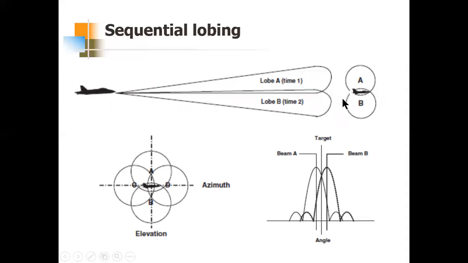You can see this is the rectangular coordinate version. This is the switching axis, and the target is along the switching axis. So both these switching positions of the single beam get the same amplitude. If you get the same amplitude echo signal, we conclude that the target is along the switching axis or the boresight.